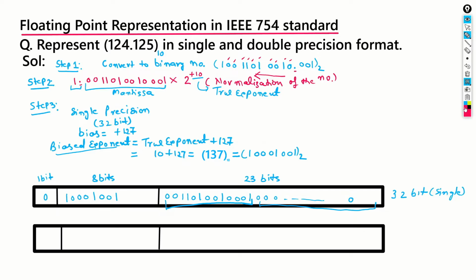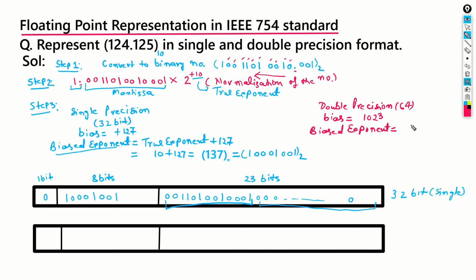Right. Similarly, we can represent it in double precision format or 64-bit format. So in case of the 64-bit format, the bias value is different. The bias value is 1023. So what is the value of the biased exponent?